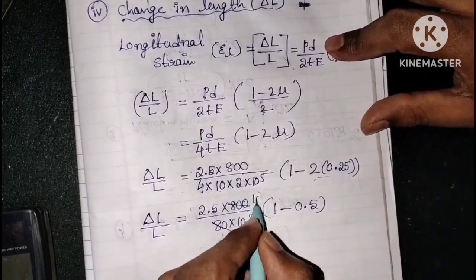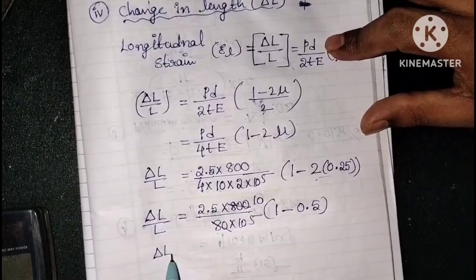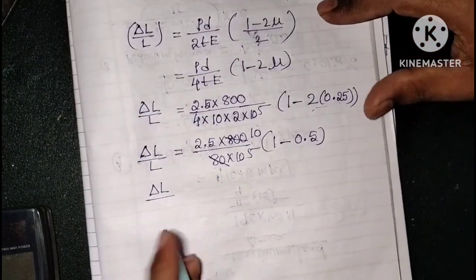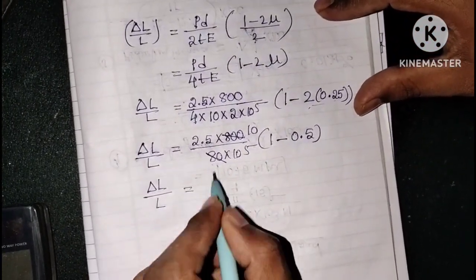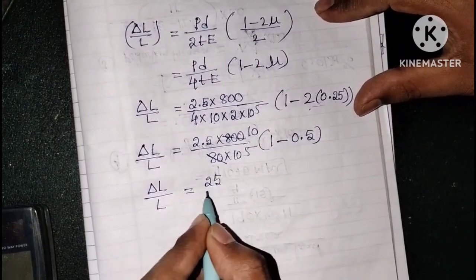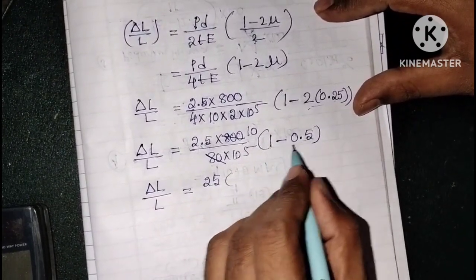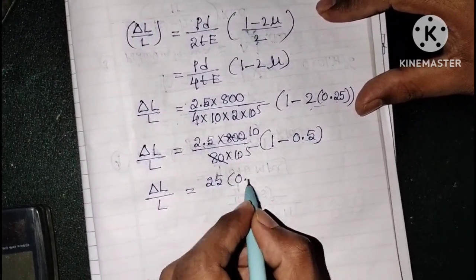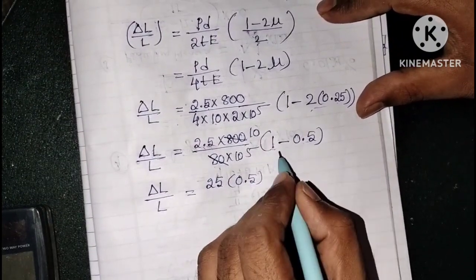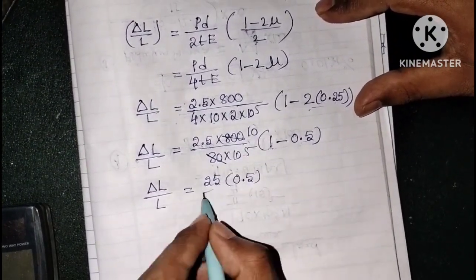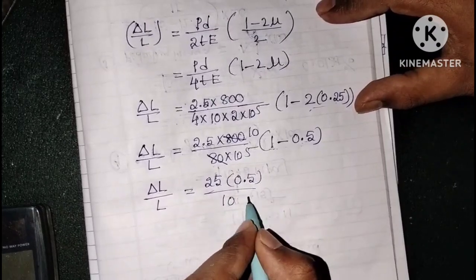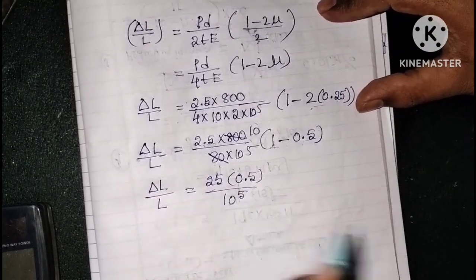Delta L by L is equal to 2.5 into 10, how much? 25 into 1 minus 0.5, how much? 0.5. It's like 1 minus half. So full inch off this thing off by 10 power 5.